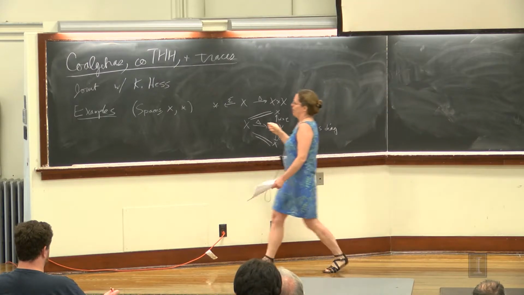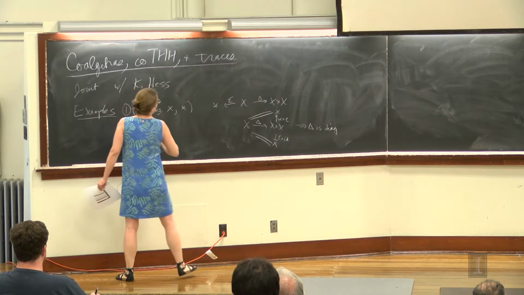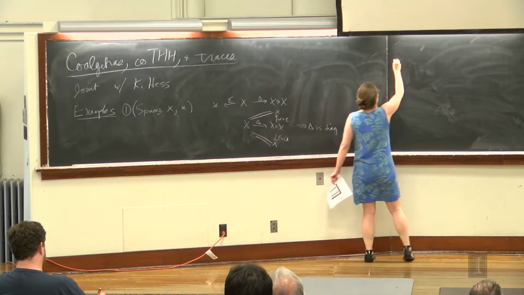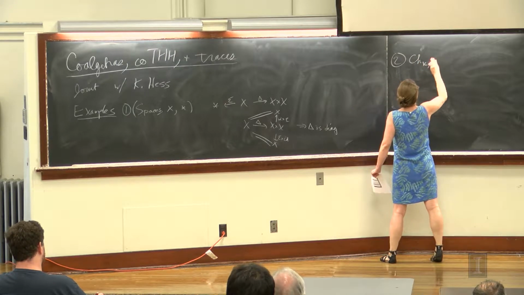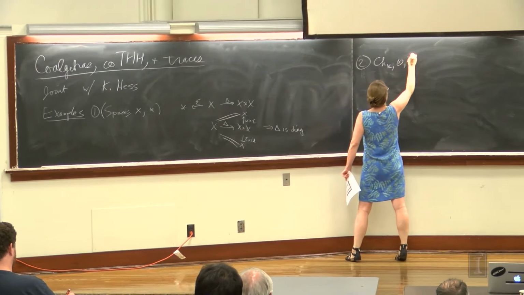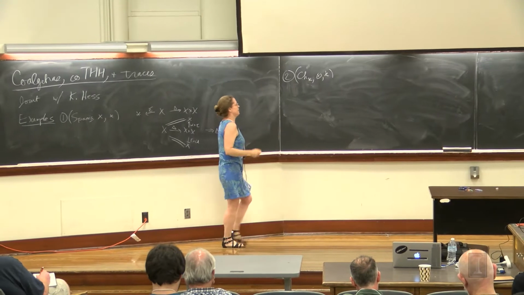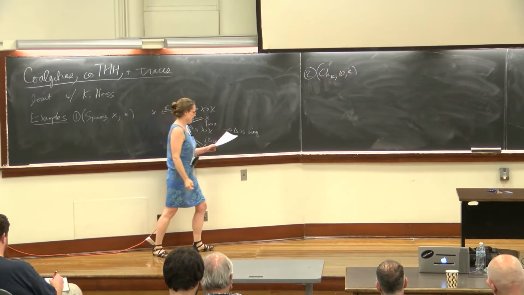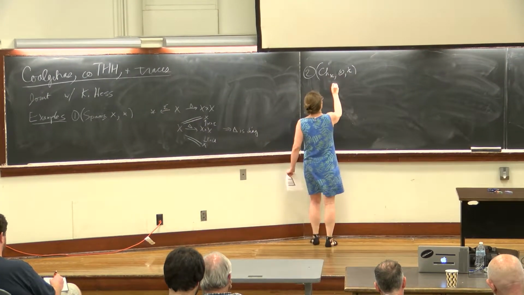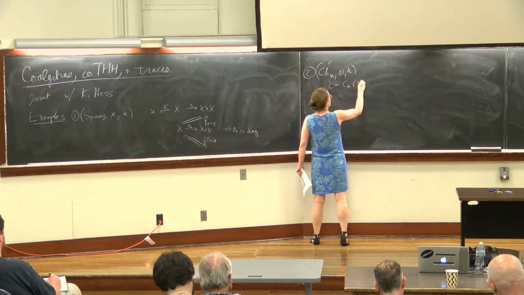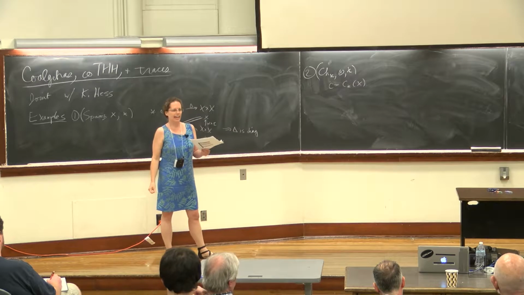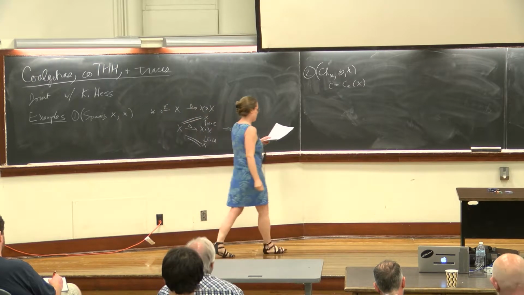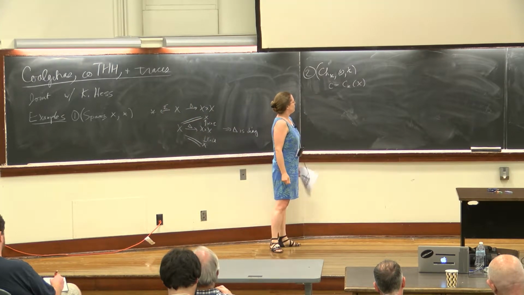Another example that will appear many times during the talk is the category of chain complexes over a field K with tensor product. Then we can look at, for example, the chains on a space X with coefficients in K. And that's a coalgebra using the Alexander-Whitney map.